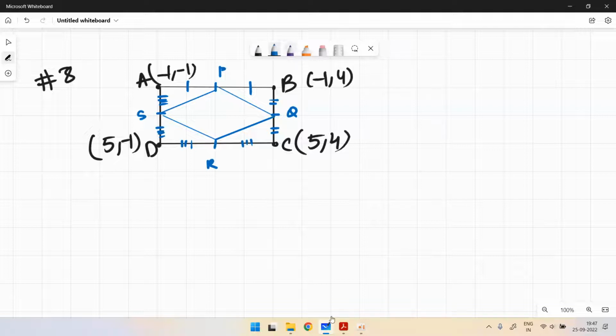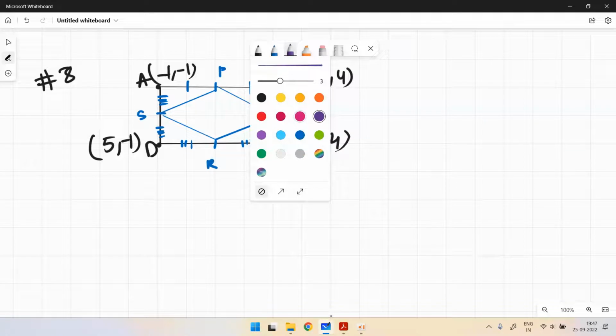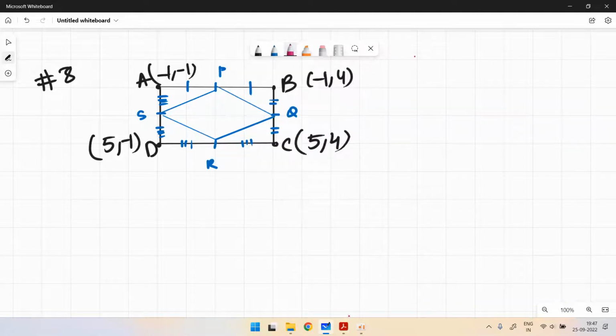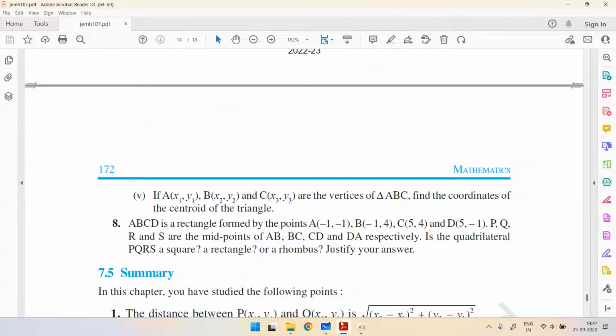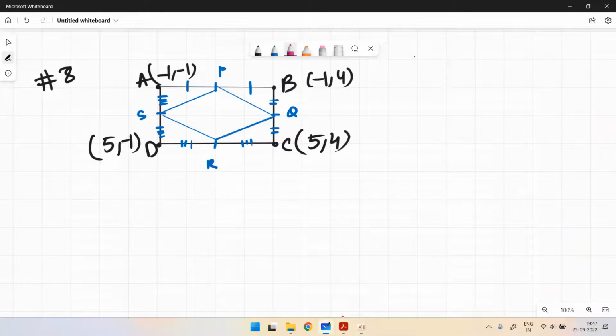You already know this thing, so no need to go into depth. Since these are all midpoints, applying the midpoint formula, x will be x1 plus x2 by 2 and y will be y1 plus y2 by 2 for the midpoint formula.